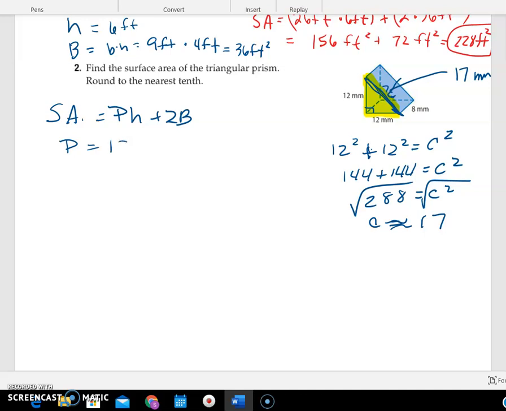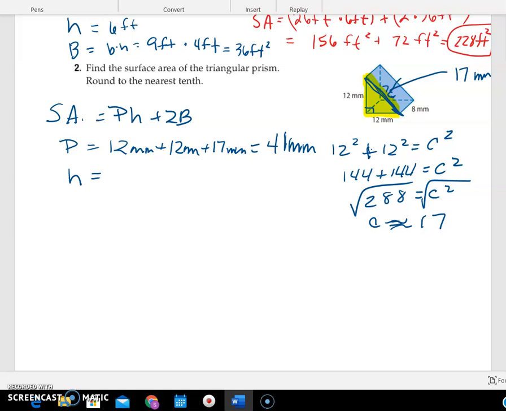Our perimeter then is 12 millimeters plus 12 millimeters plus 17 millimeters. And that total is 24 and 17 is 41 millimeters. And then I want the height. So the height is always perpendicular to the base.